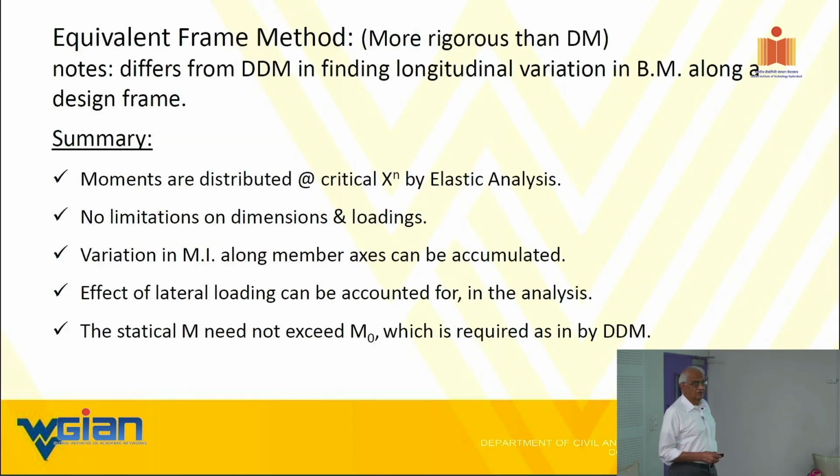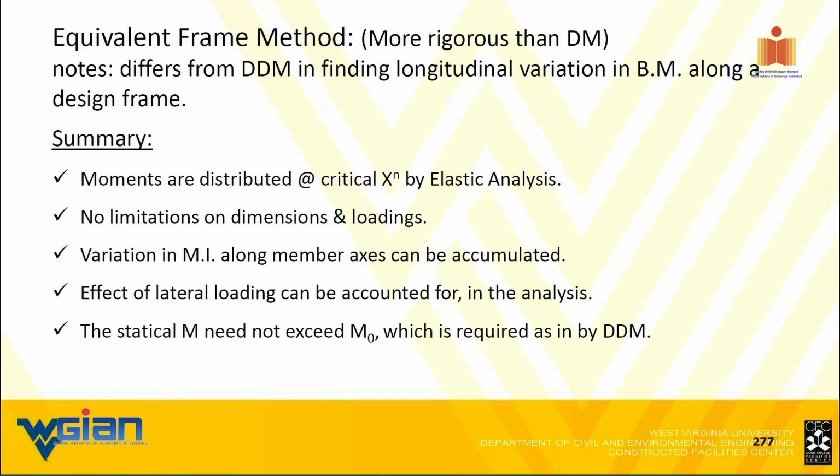There is a second method known as the equivalent frame method, a more rigorous method than the direct design method, which differs from DDM in finding longitudinal variation in bending along a design frame. Meaning what?